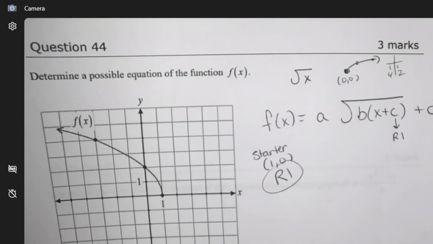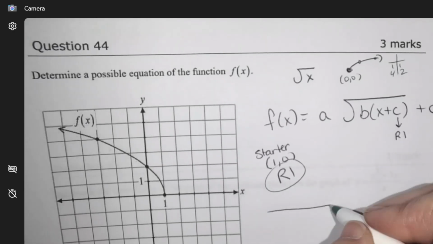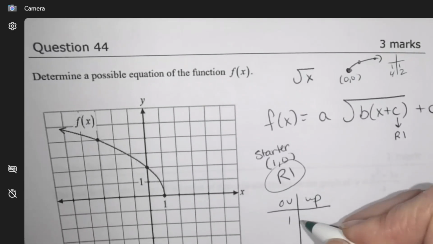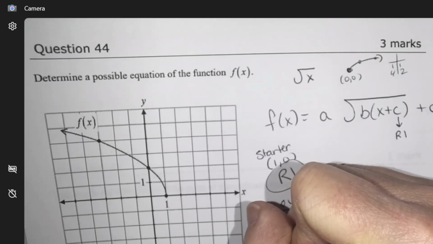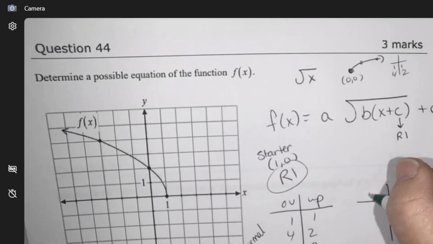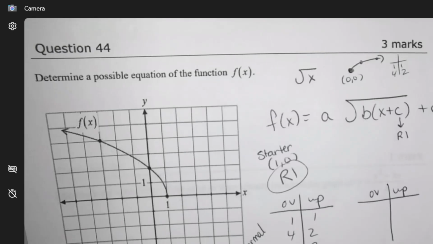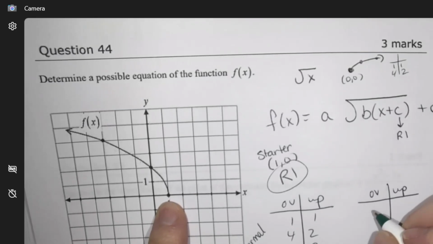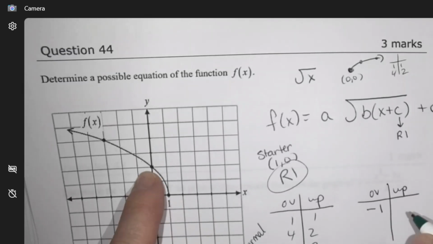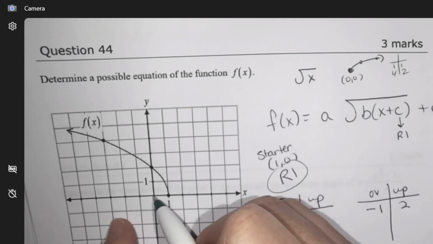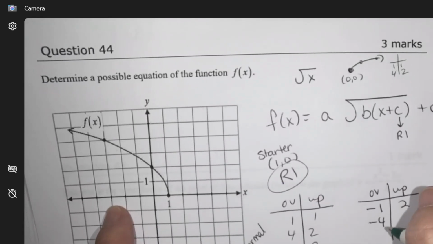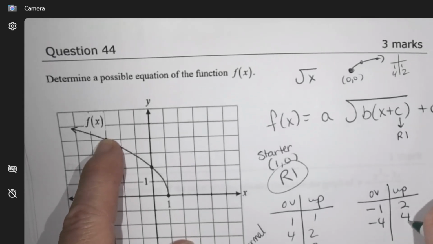Okay, and let's talk about our pattern. 1, 1, 4, 2, 9, 3 is normal. Let's talk about this pattern. Okay, it has gone left 1, up 2. It has also gone 1, 2, 3, 4 left and up 4.